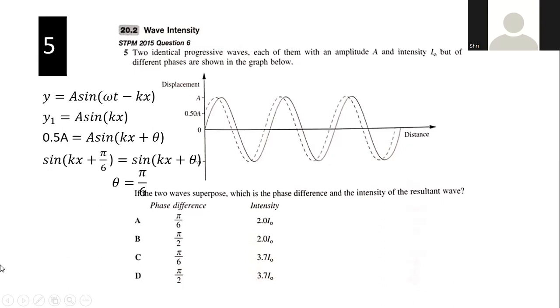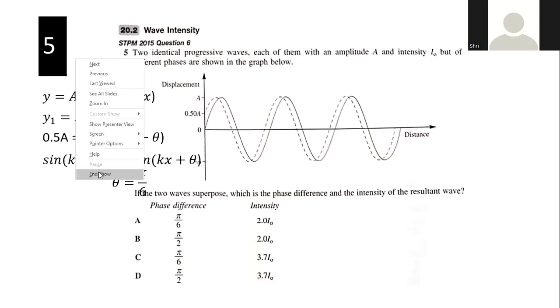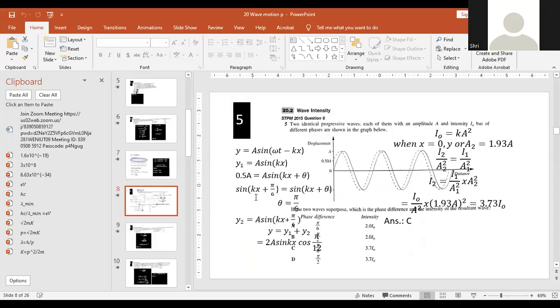But why do you do sin(kx + pi/6) equals another sin(kx + theta)? This one is just to, basically the best way is to put x equals 0 in this case, because that's what is happening at x equals 0. That's why it looks so confusing. Sorry, I think I better remove it. Let x equal 0.